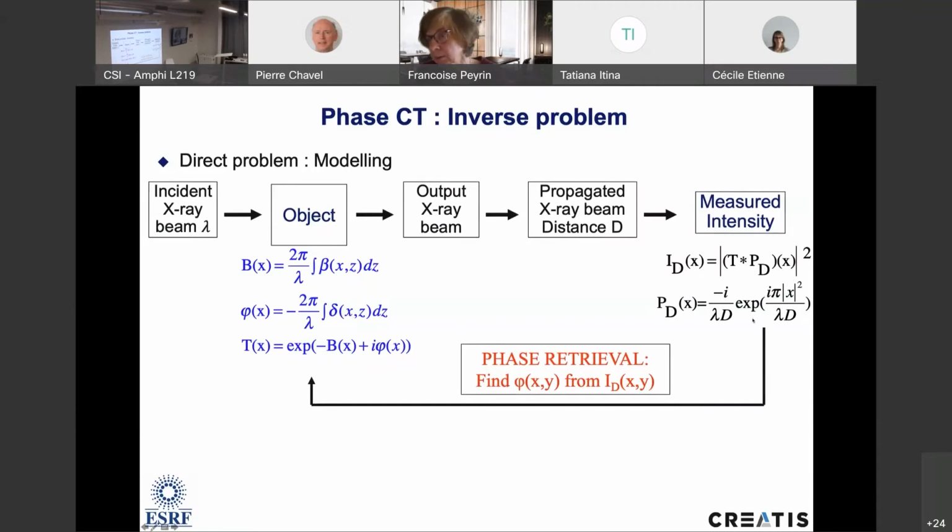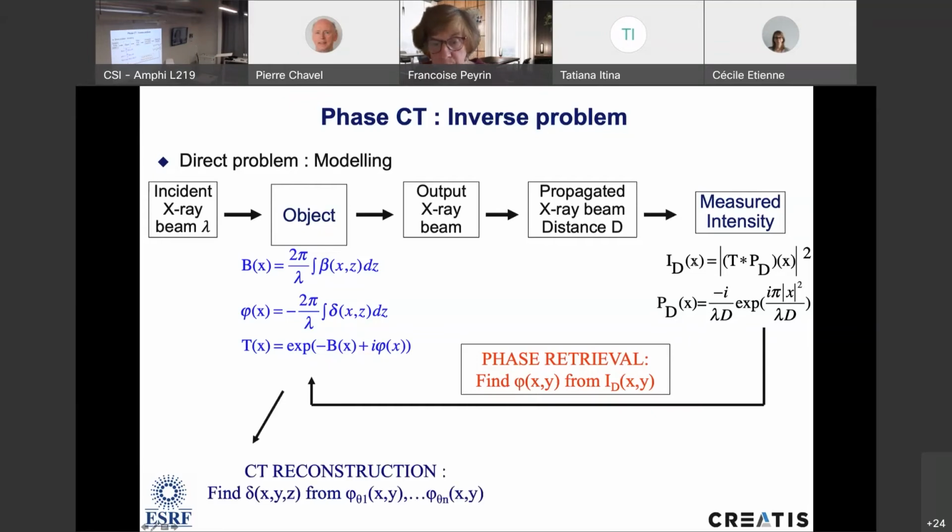And what will also come in this equation is the propagator that takes into account the distance between your object and the detector. So if you really want to do quantitative phase contrast, phase imaging, let's say, you have to find this phi from the measurement.